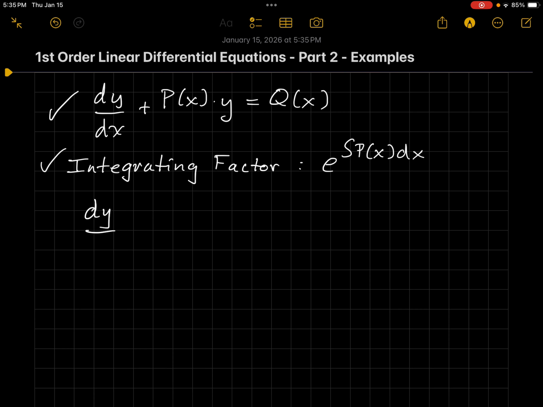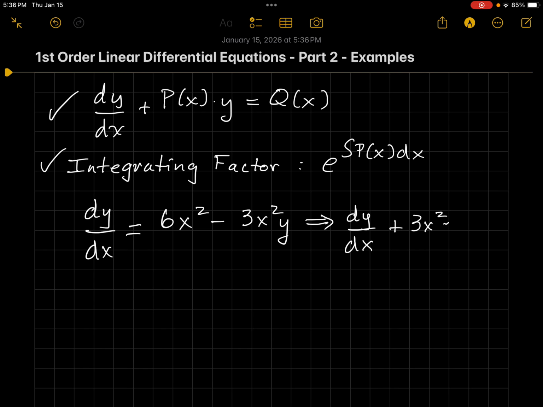Let's look at our first example, which is dy/dx equals 6x squared minus 3x squared y. Before I find the integrating factor, I'm going to put it in the standard form above, which is dy/dx plus 3x squared y equals 6x squared.